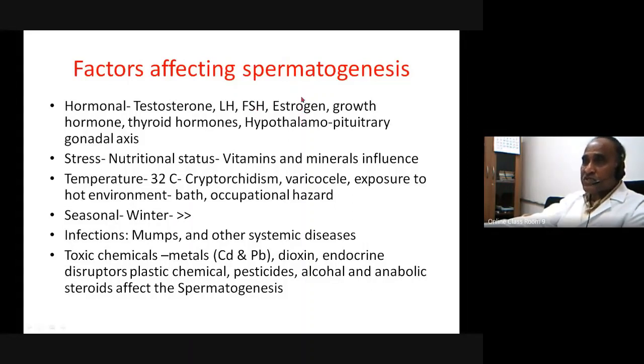Estrogen is also necessary to increase the activity. Growth hormone, thyroid hormone, and the hypothalamo-pituitary gonadal axis, all these things are required for normal spermatogenesis. I mentioned here testosterone, LH, FSH, estrogen, thyroid, growth hormone.